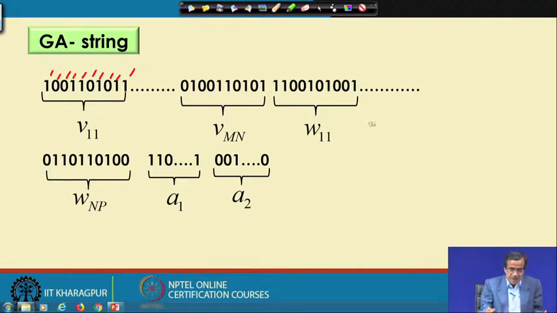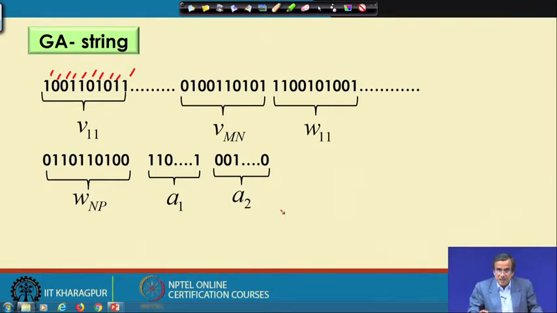So, for these design variables we will have to assign some bits, and the topology, which is decided by the number of layers, number of hidden layers, and the number of neurons in the hidden layers, is going to decide the total number of connecting weights, and if you use more than one hidden layer, there could be a few more, like the coefficient of the transfer function. So, the number of variables is going to increase like anything.